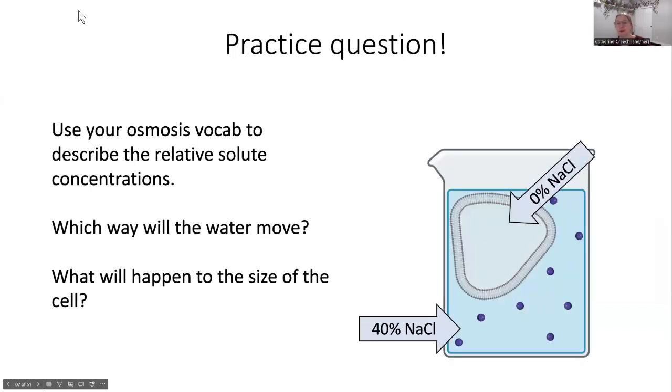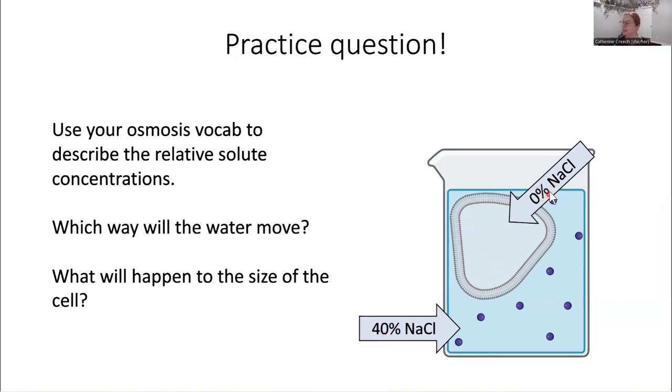Here we have a cell with no solute in it, and we have a solution that's 40% sodium chloride. Which way will the water move? What's going to happen to the size of the cell? And use your osmosis vocab. This has more solute, so it is hypertonic. This has less solute, it is hypotonic.